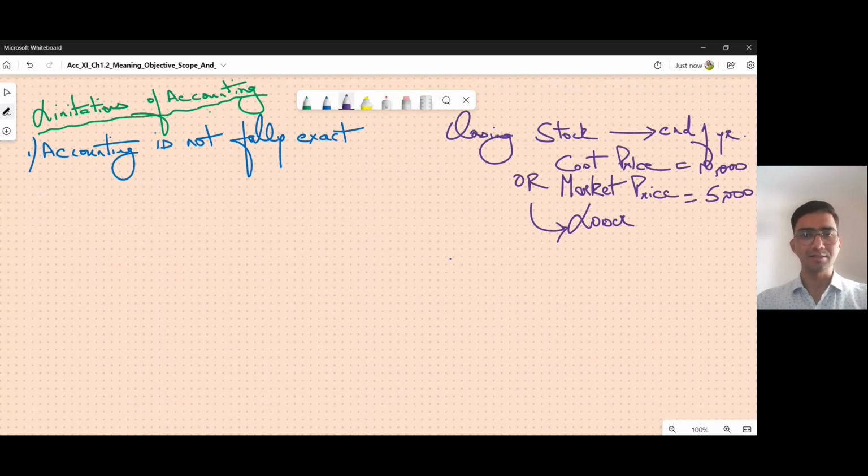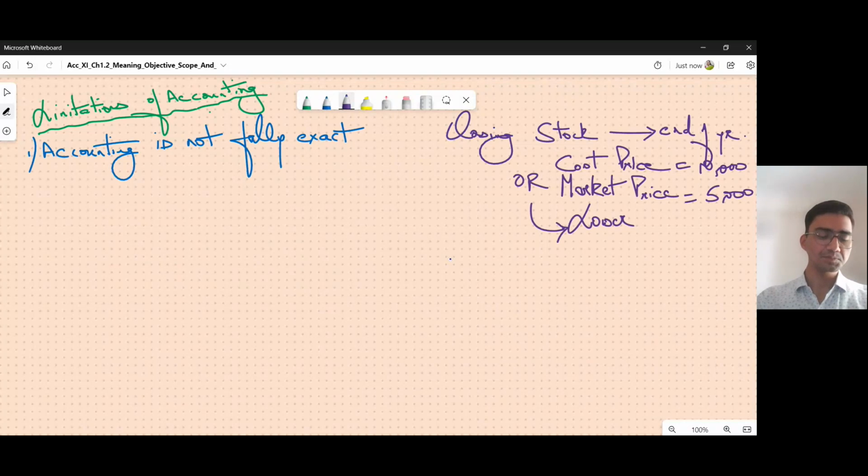So this point says we have to value closing stock at the cost price or the market price, whichever is lower. So which of these two is lower? The 5,000 rupees. So we are going to write 5,000 rupees in our books of accounts when we are closing this year. All right, so this is one limitation of accounting.